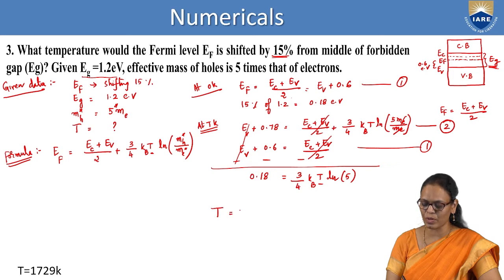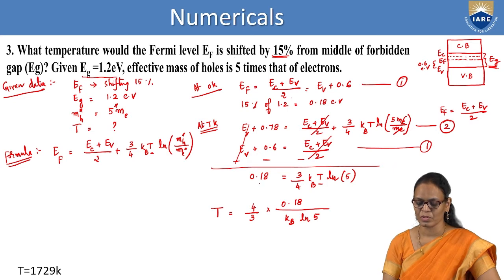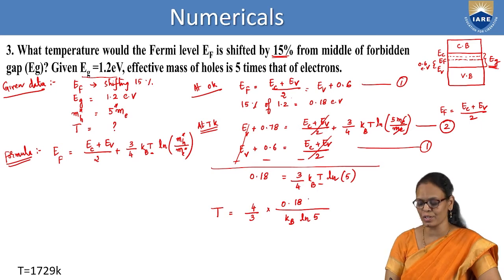So T will be equal to 4 by 3 into 0.18 upon kB ln 5. We are taking 4 to the other side, 3 comes to the denominator, and kB and ln 5 are in the denominator. Now this 0.18 is in electron volt, so we need to convert it into joules.